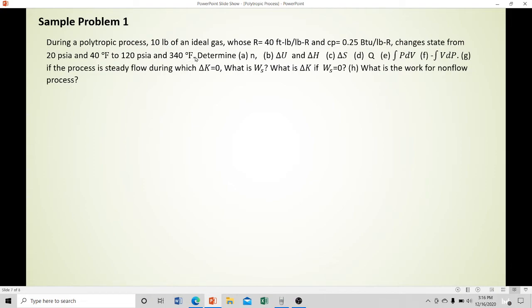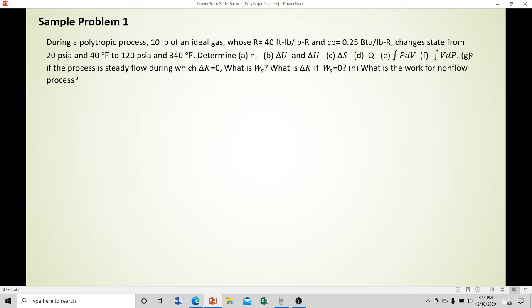The question is: determine for A, and for B the change of internal energy and change of enthalpy. For C, the change of entropy, D is for the heat, E is for the work non-flow, and F is for the work steady flow.